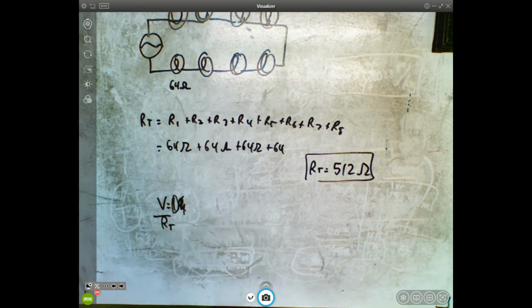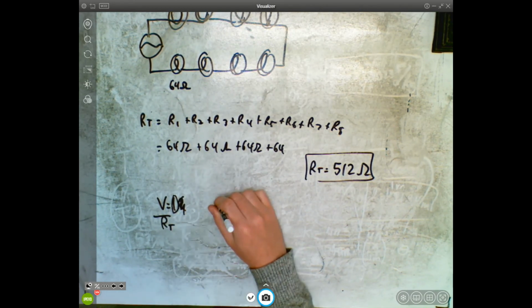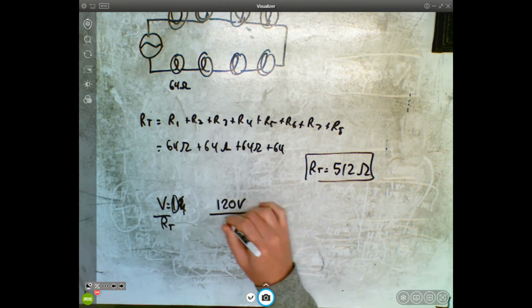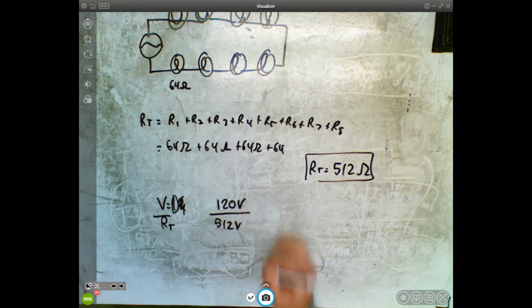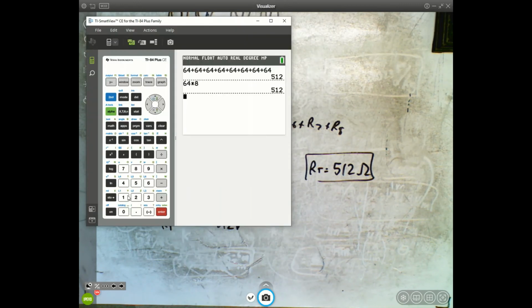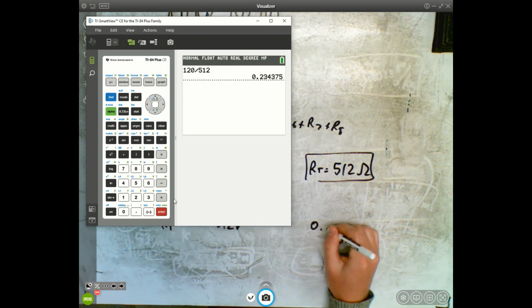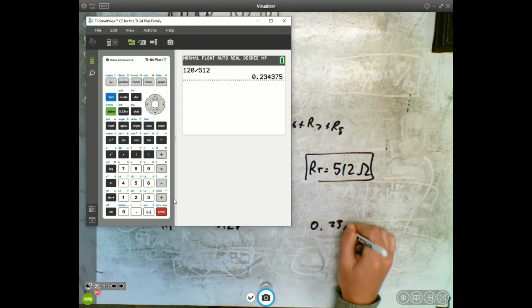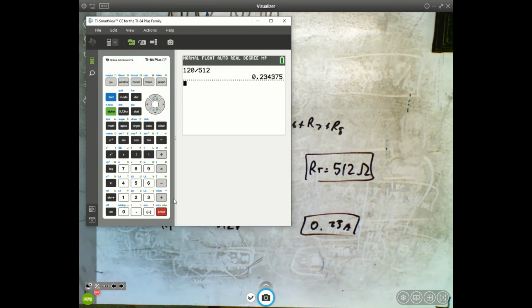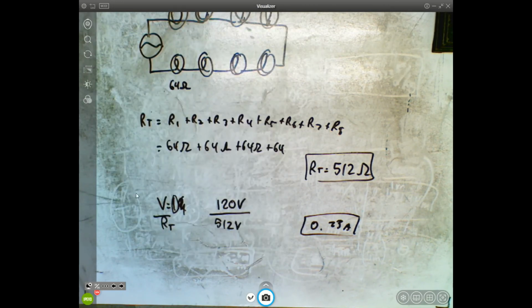The outlet is 120 volts, and our resistance total is 512 ohms. So 120 divided by 512, and we get the current to be 0.23 amps.